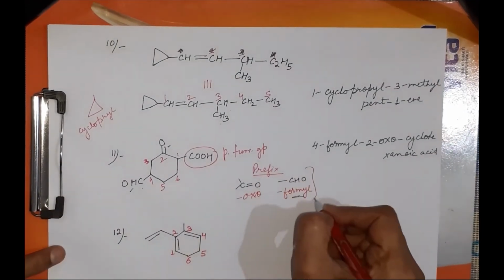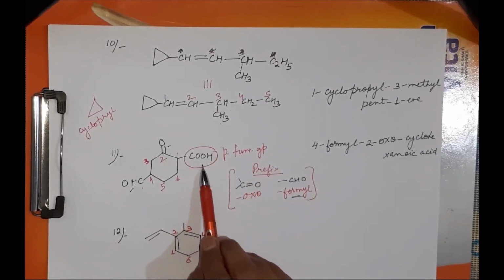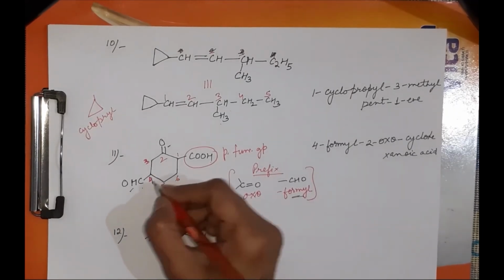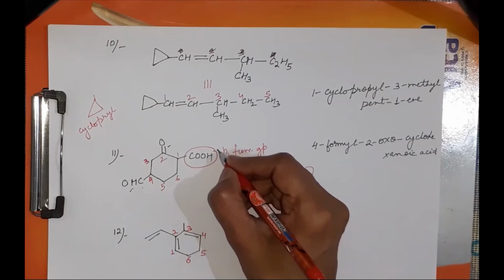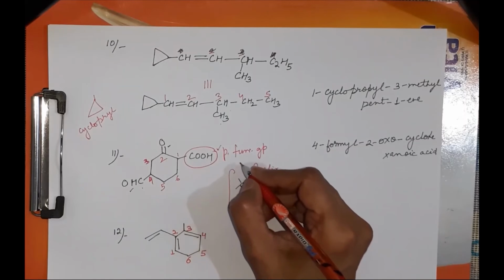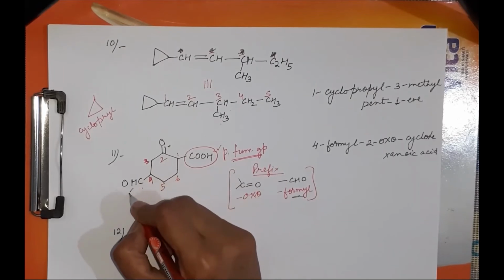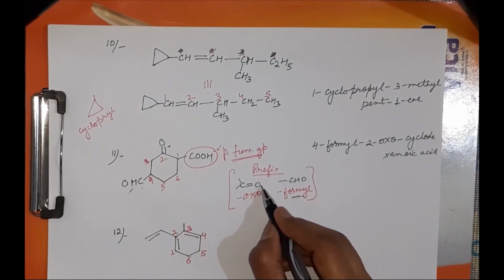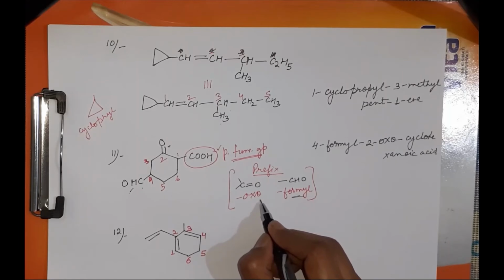So let me explain it once again. Here 3 functional groups are present: carboxylic acid, ketonic group, and aldehydic group. First we will decide which will be the principal functional group. As we know, this carboxylic acid group is at the top of the priority table. So this will be the principal functional group, and both these will be considered as the substituents. When this ketonic group is present as the substituent, the word oxo is used as a prefix.